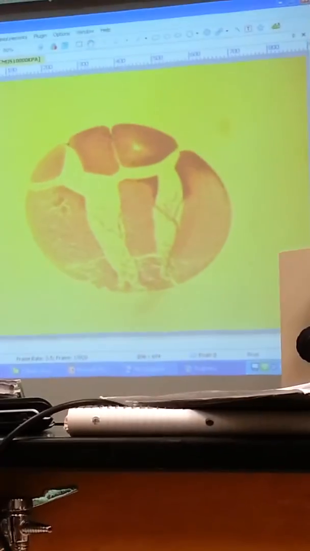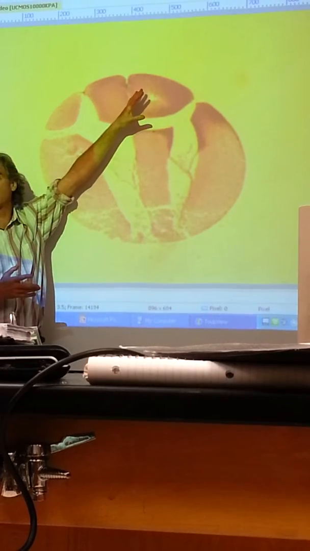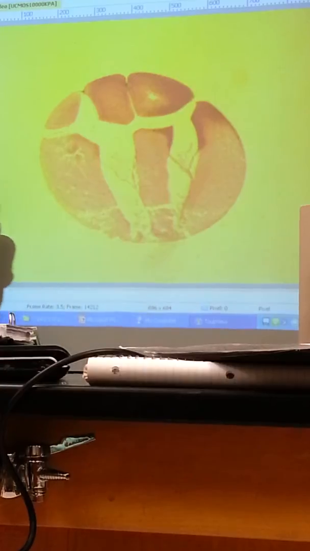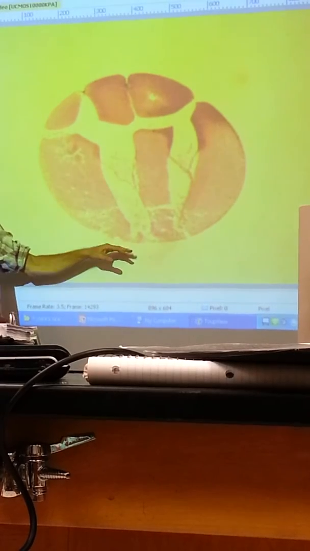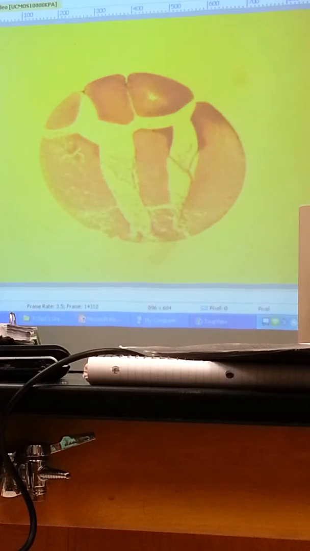Okay. Well, the reason that you get smaller cells on one side is because there's less yolk. When this egg is hanging in the water, all the yolk settles down to the bottom. The side that hangs low with yolk is called the vegetal pole, and the opposite side is called the animal pole.